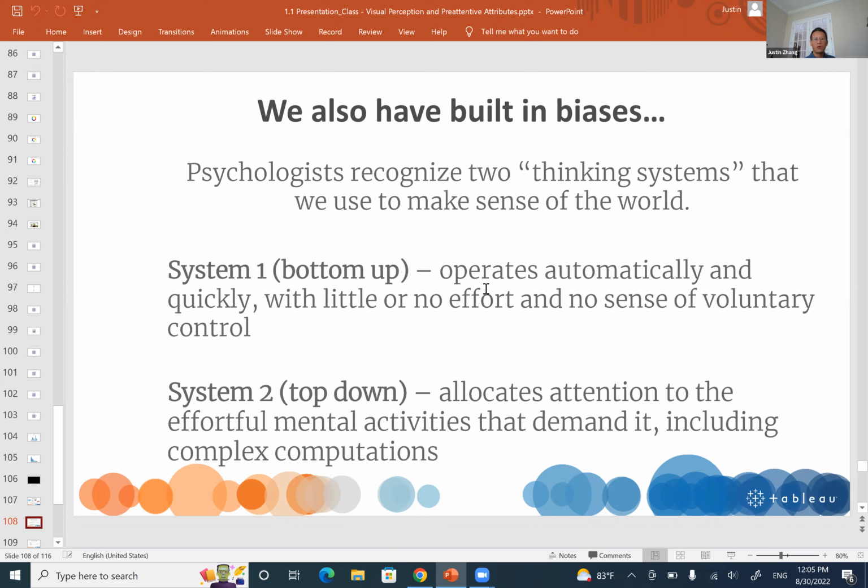In system 1, we operate automatically and quickly with no or little effort, with no sense of voluntary control. With system 2, we need to actually allocate attention or effort. We want to make effort to make sense of the world, to understand complicated situations surrounding us.